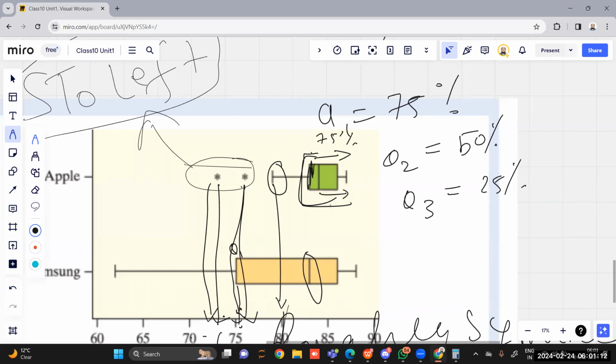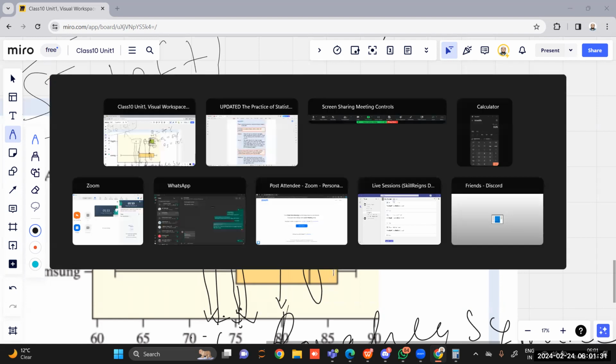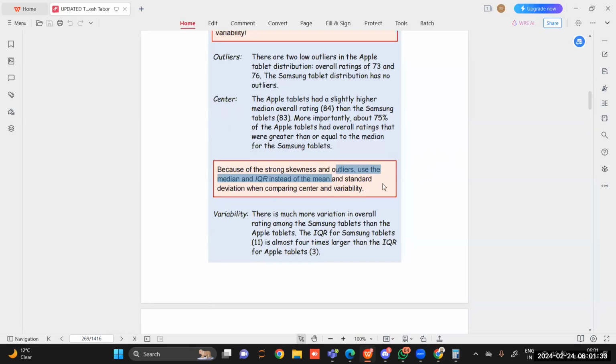From here there is 50% of data, there is the median, and from here there is 25% of data. So exactly, the ratings for Q1 here is being projected to the median of the Samsung phones. So 75% of the ratings are greater than the median of the Samsung phones. Did you get it, Zaid? What I'm trying to explain?